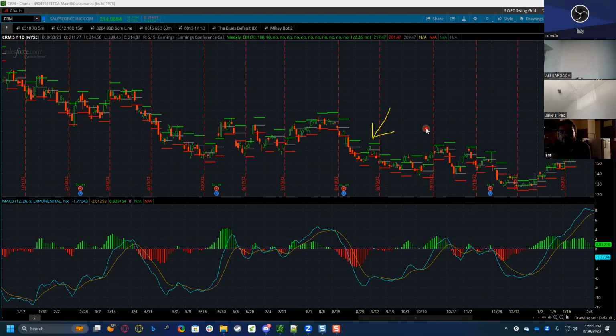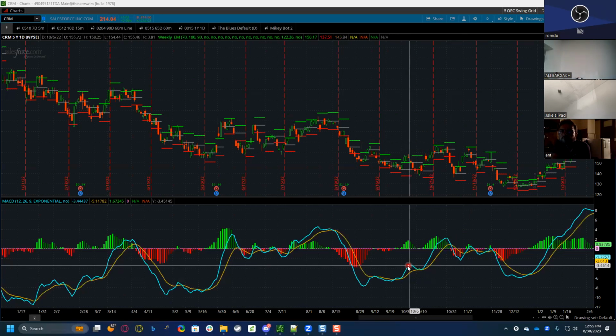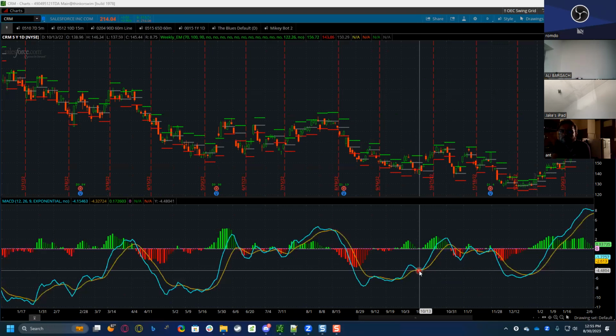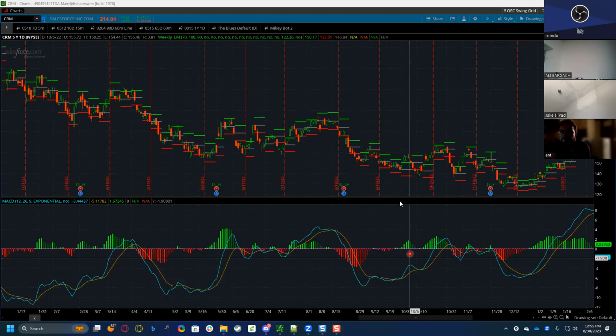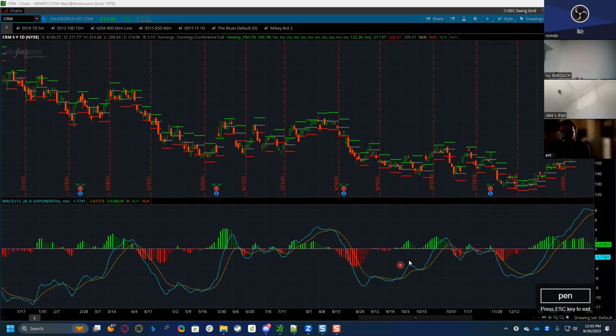We could also look at if there were divergences too. I don't see any, but, well, yeah, you know what? We do have a divergence here. So we have this high, we have that high. Price made a lower low, and this made a higher low.